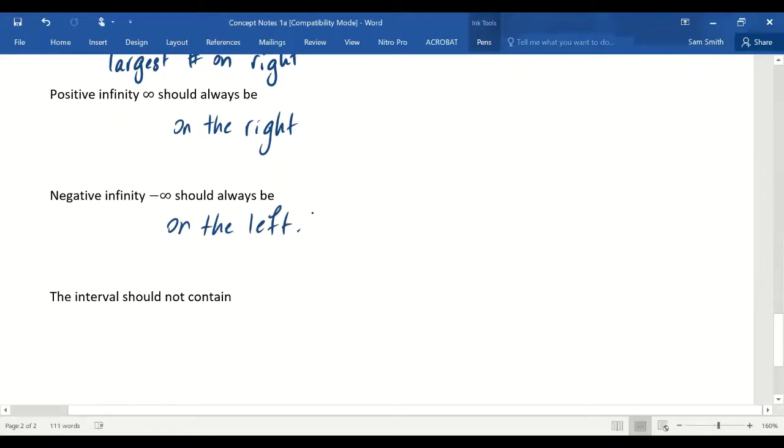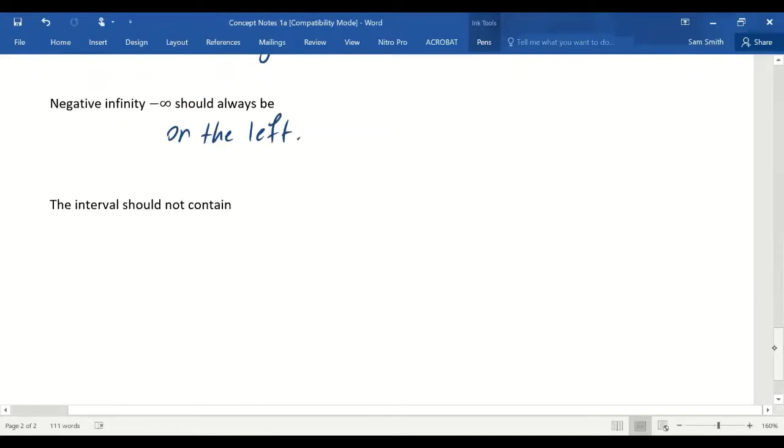Now, the final thing that I tend to see is the inclusion of x itself in the interval notation. But the interval is only meant to include numbers and infinities as its border. The interval should not contain the letter x.